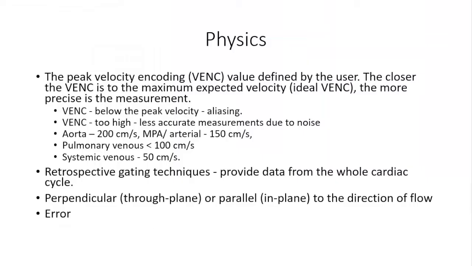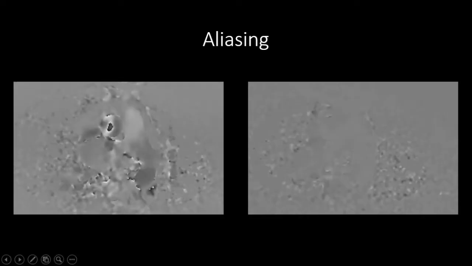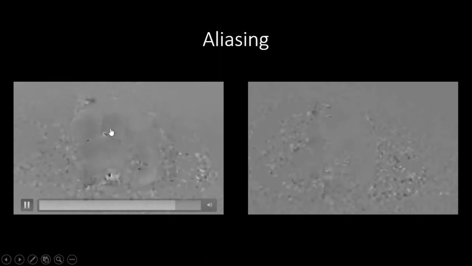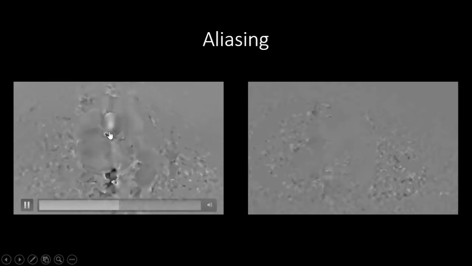While acquiring the phase contrast sequence, the VENC, the peak velocity encoding value, has to be entered by the user. Ideally, the VENC should be closer to the maximum expected velocity, which gives us more accurate measurements. If the VENC is below the peak velocity, it causes aliasing due to velocity wraparound, as we can see in this image.